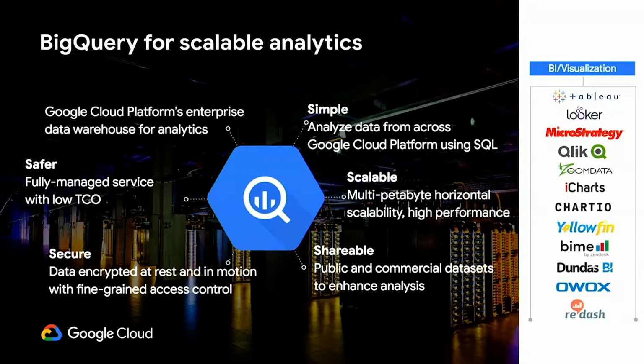And interestingly, for a columnar database, everything is queryable through SQL, which means that we have a host of different tools that you can use on top of BigQuery directly for doing your business intelligence and your visualization. Google has its own Google Data Studio, but in addition, all of these different ones up here are shown as well, and these all have direct integrations into BigQuery.